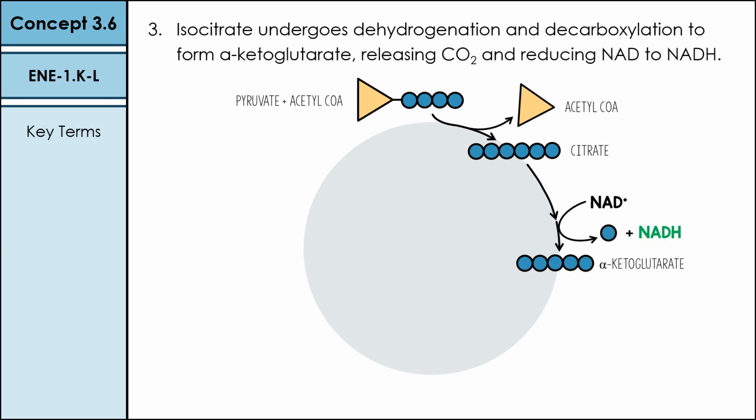So after this step, isocitrate undergoes dehydrogenation and decarboxylation to form alpha-ketoglutarate, and this releases carbon dioxide and reduces one of our NAD plus molecules to NADH.